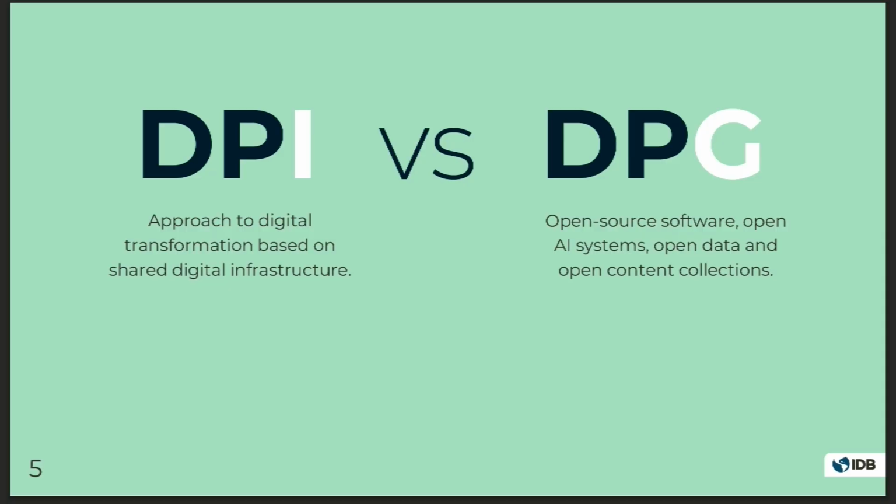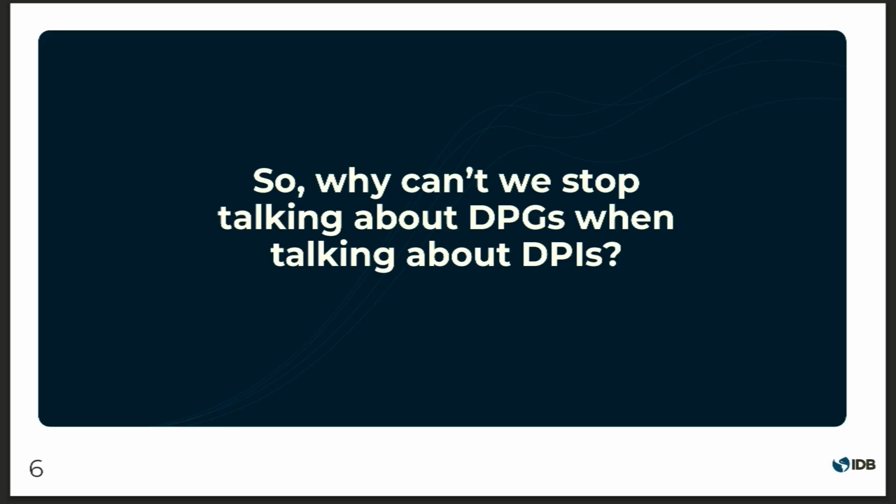So, DPI is an approach for digital transformation based on shared digital infrastructure. DPGs are open source software, open AI, open data, and open content collections. So why can we not stop talking about DPGs when talking about DPIs?